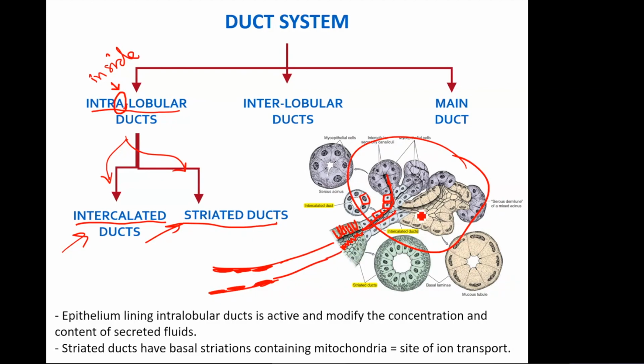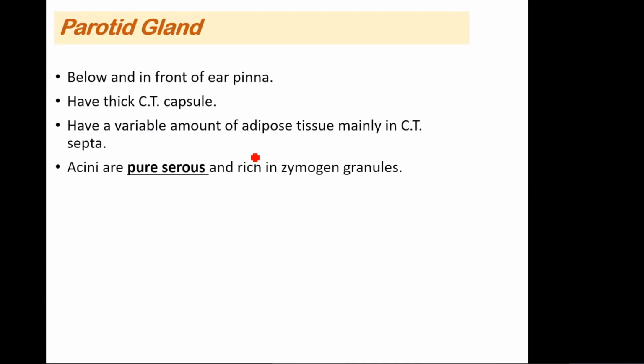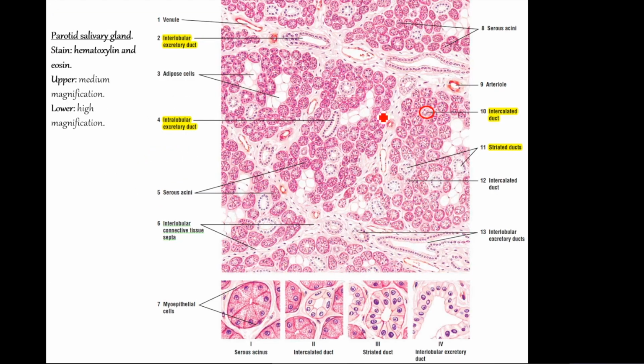Now, what about the interlobular ducts, those between lobules? The parotid gland, that's purely serous. So this is the parotid gland, purely serous. Look at the mainly serous acinus here, which is dark color.